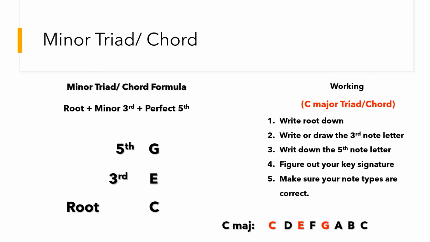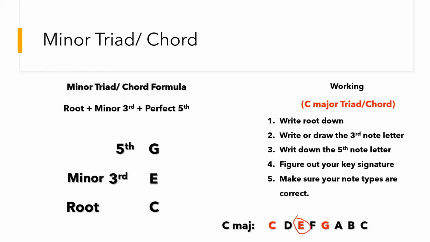Good. So for the third, they said they wanted a minor third. Now, in the key of C there's a plain E. Let me see if I can use focus. This plain E that is here, I'm circling it right now, is within the C major scale, so that means it is major.